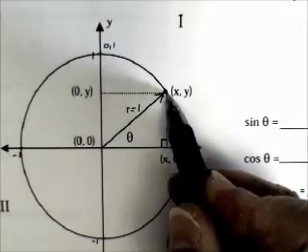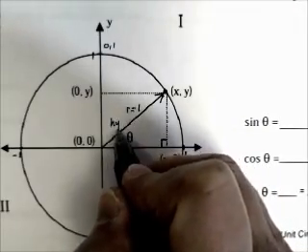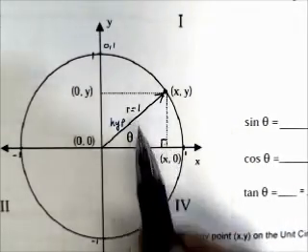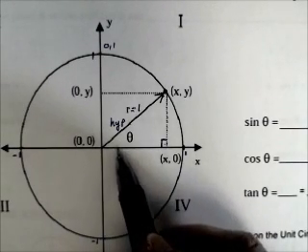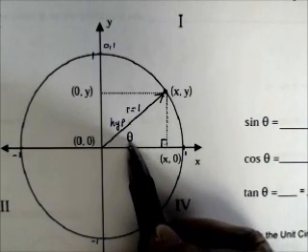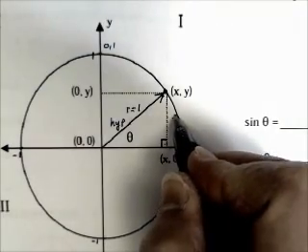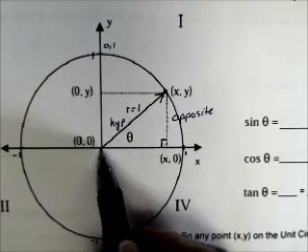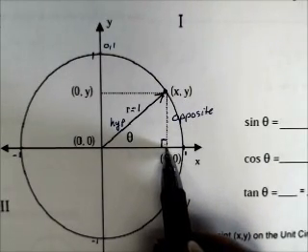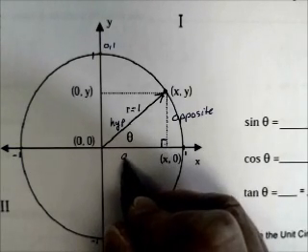The radius of our right triangle is the hypotenuse. It's opposite the right angle. And in relation to our angle theta, this side here is opposite it. And our side that makes up this portion of the positive x-axis is the side adjacent.